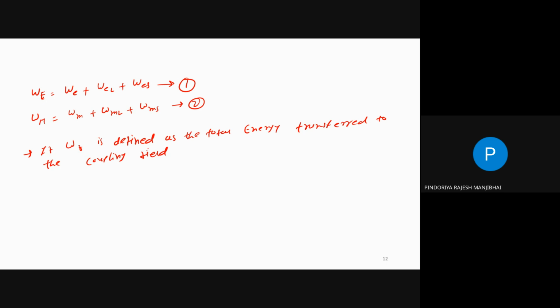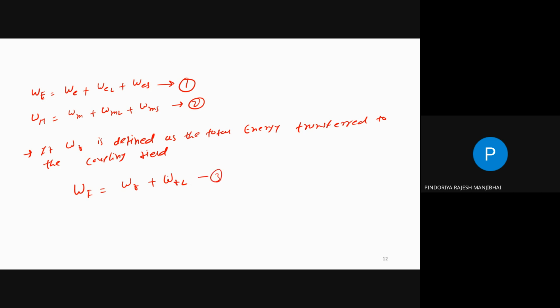Correct? So we can say the total energy is transferred to the coupling field. So we can say WF, that is the field energy, is equal to Wf (small f) plus WFL, that is the losses.